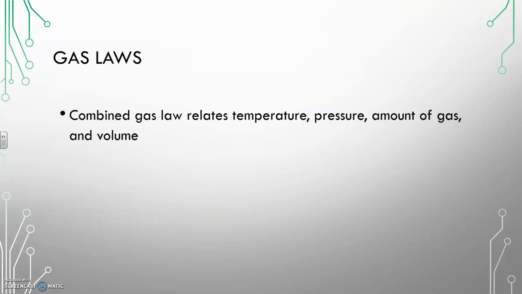Now, when you combine all of these gas laws, you get one law that relates the temperature, pressure, amount of gas, and the volume. It's called PV equals nRT, actually, that's how we shorten it.